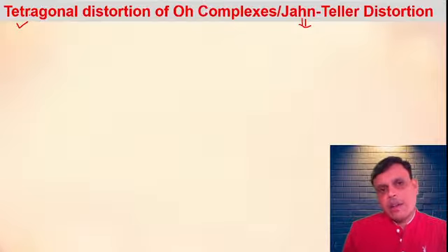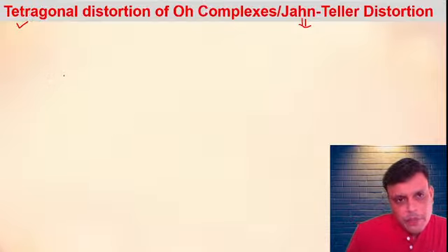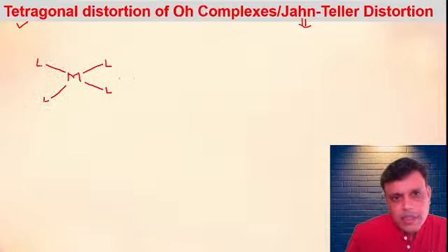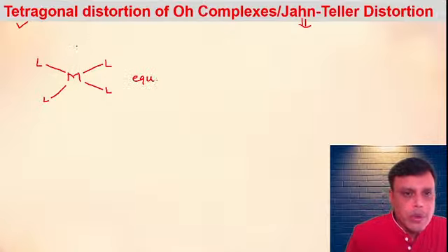Now why this occurs, I will tell you. Distortion means what? For example, suppose your metal is here and there are 4 ligands. One ligand, second ligand is here, third ligand is here, and fourth ligand is here. These ligands are called equatorial ligands.